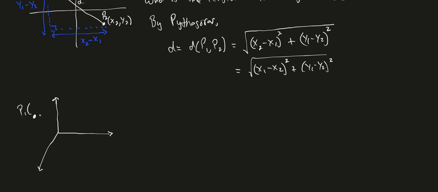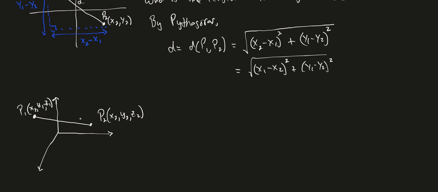Now in R3 we need 3 coordinates, so I'm going to say x1, y1, z1, and then over here I have P2, which is x2, y2, z2. If I want to find this distance, I can extend this Pythagorean result to 3 dimensions.